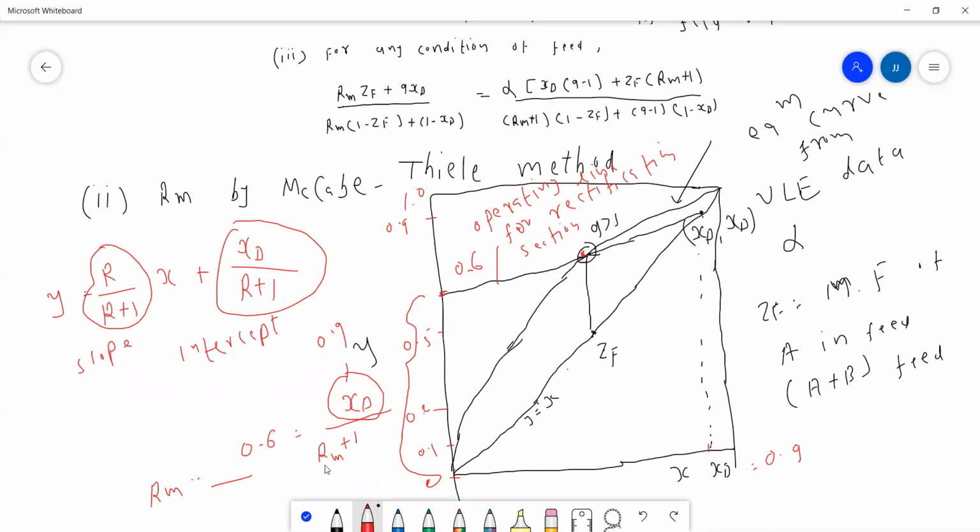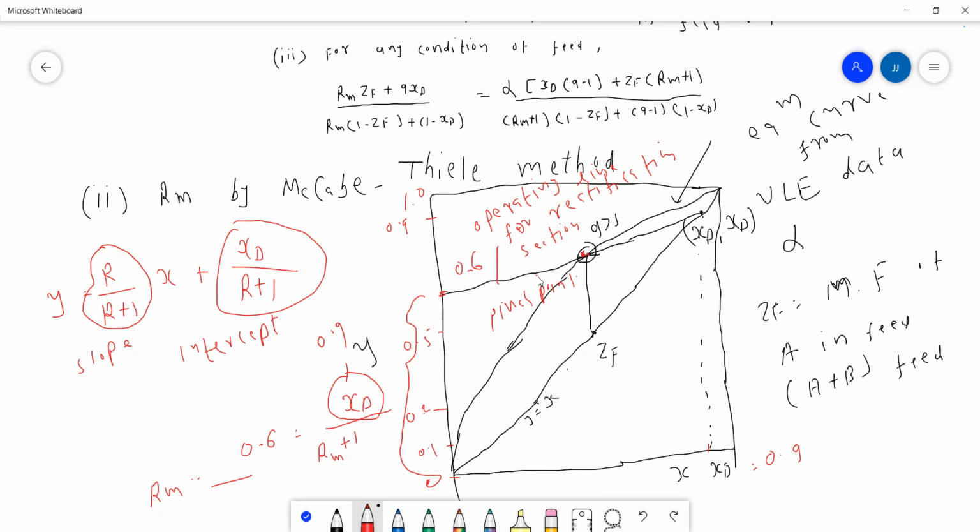But why have I written Rm instead of R? Because see here, the operating line of the rectification section and the equilibrium line touch the feed line here. It is called a pinch point. And we know that at the pinch point there is no mass transfer, the driving force for mass transfer becomes 0, so it requires infinite stages.